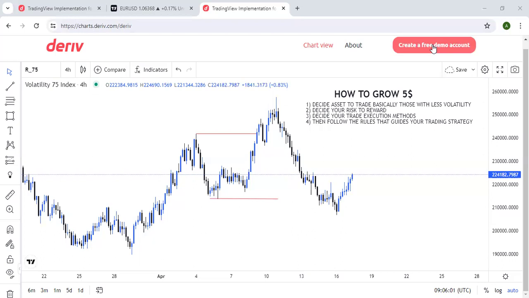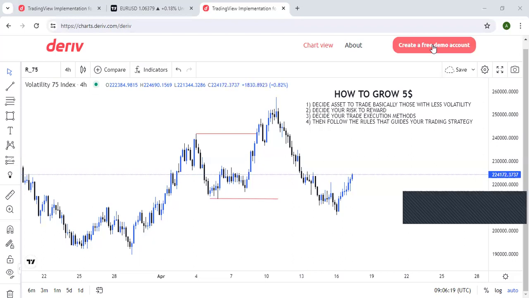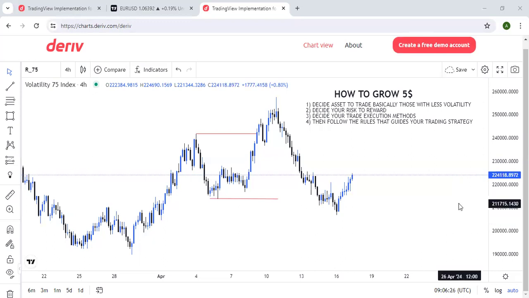At $5, I would encourage that you anticipate a short move using risk to reward ratio, because you are trying to grow it. You can do 1 to 2 risk to reward ratio. You can do 1 to 3 risk to reward ratio, but I don't recommend 1 to 1.